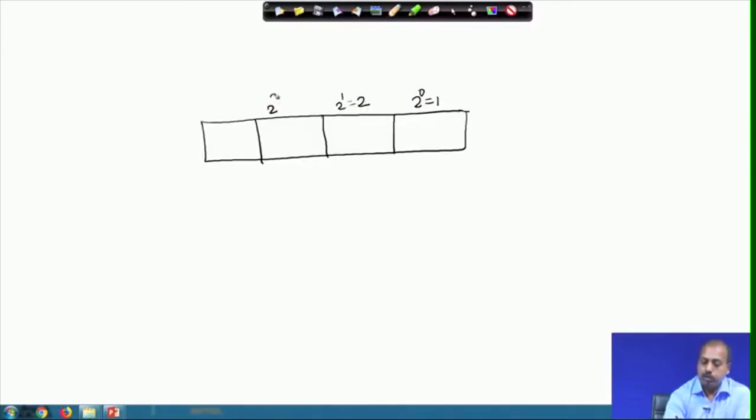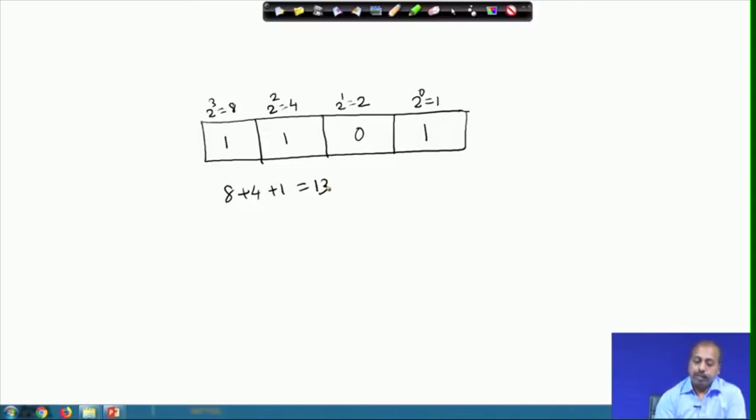This is 2 to the power 2 equal to 4, and this is 2 to the power 3 equal to 8. Any number you represent will be the sum of these values 8, 4, 2 and 1. If I take the number 1, 1, 0, 1, the number is 8 plus 4 plus 1, that is 13.